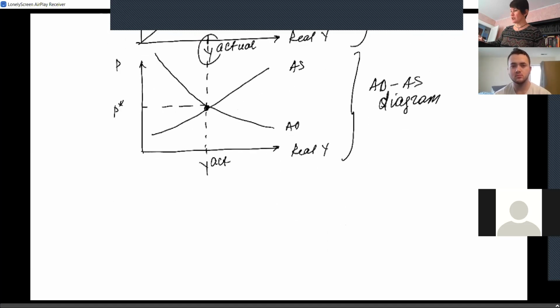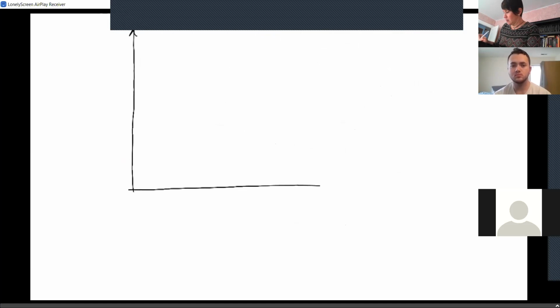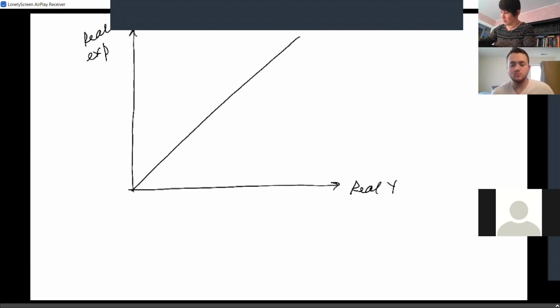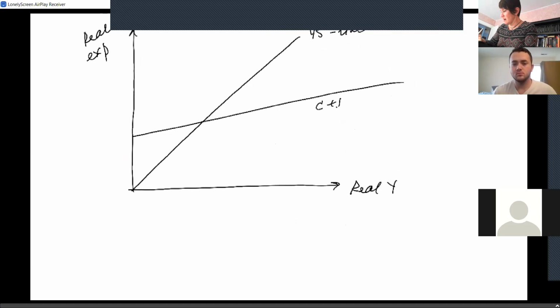If you don't have questions, I am going to draw another one: the income expenditure diagram, real expenditure, the 45-degree line, and the total expenditure line, C plus I plus G plus net exports, okay?